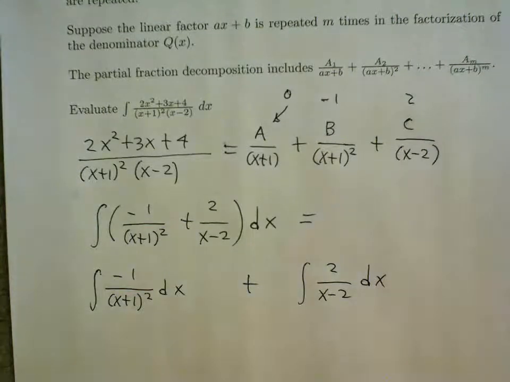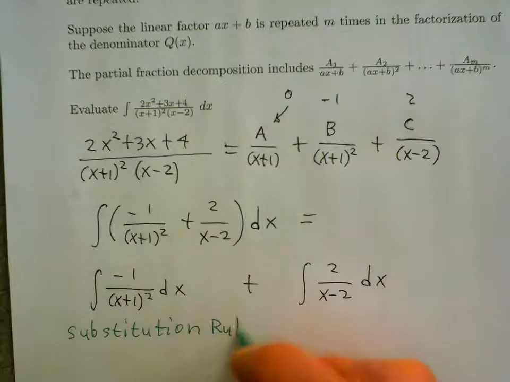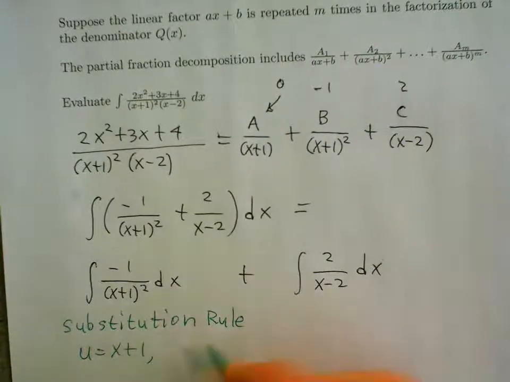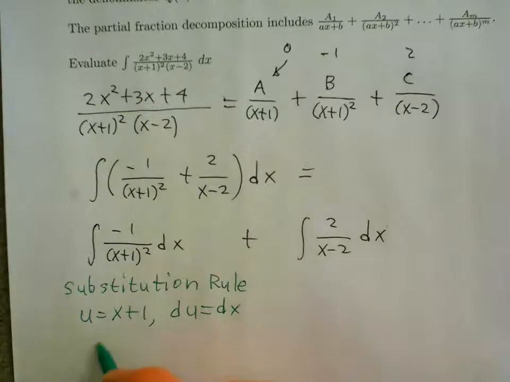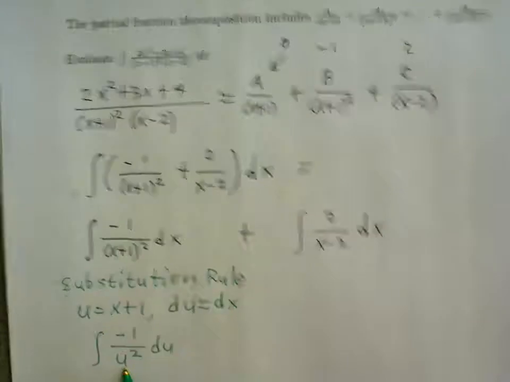Okay, substitution rule. So if we assign u to be x plus 1, then du is dx. And then we just have -1 over u to the second du for the integrand.